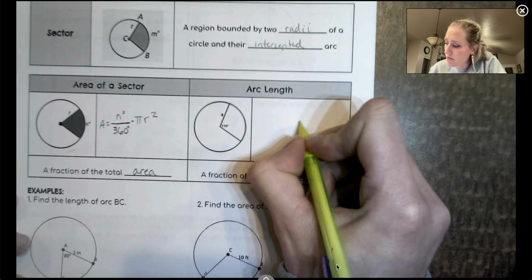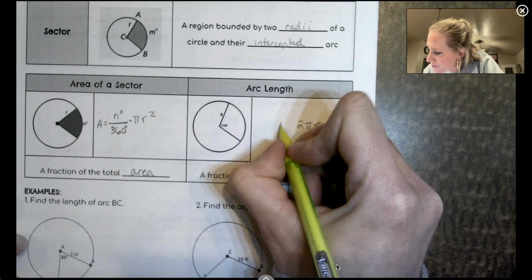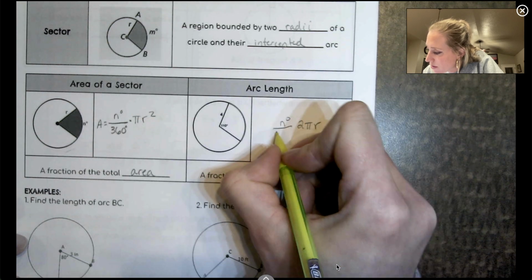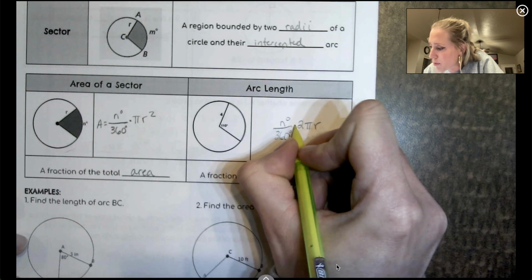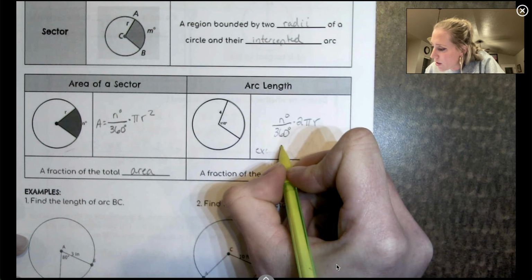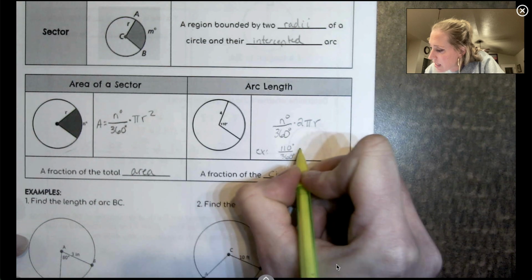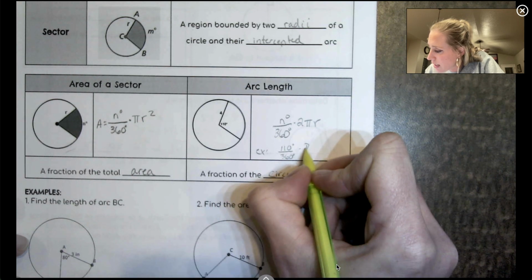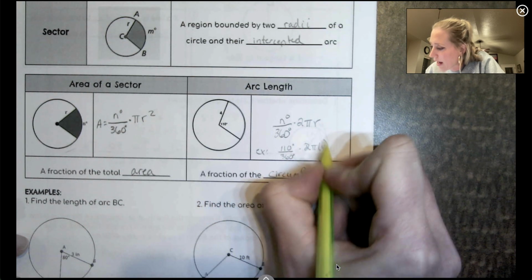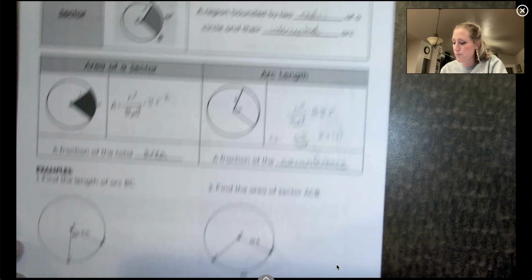So we're going to use our circumference formula, with the same measurement: whatever our angle is over 360 to get the portion we want. For this example, it would be 110 over 360 times 2 times pi times 4.